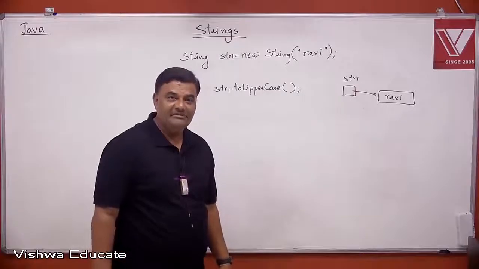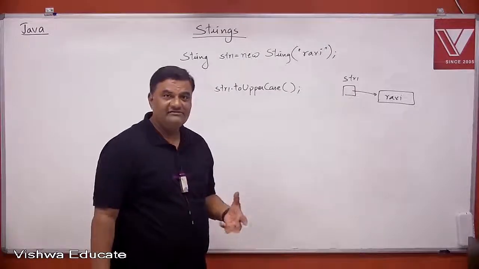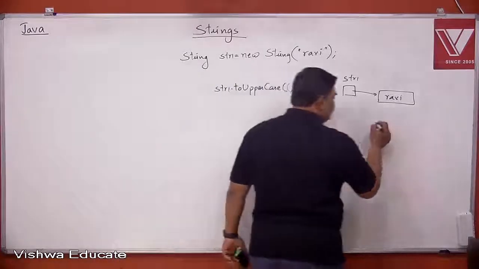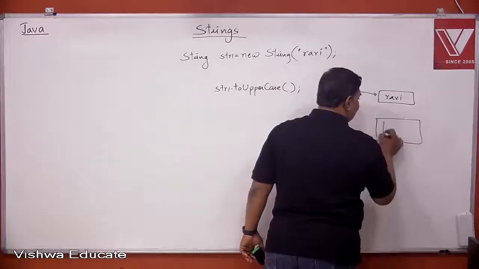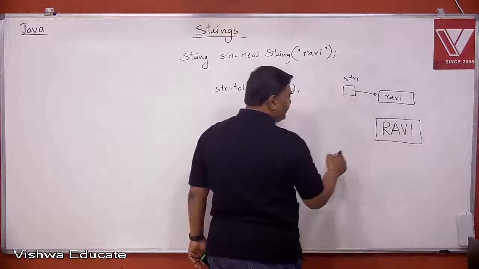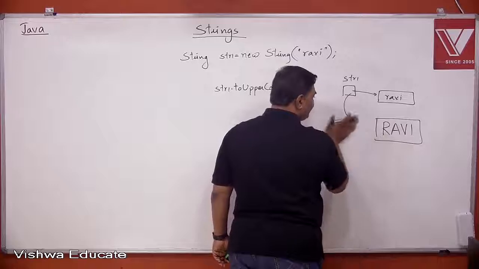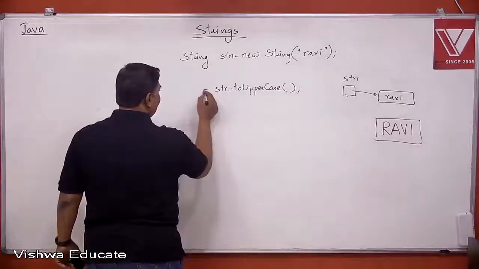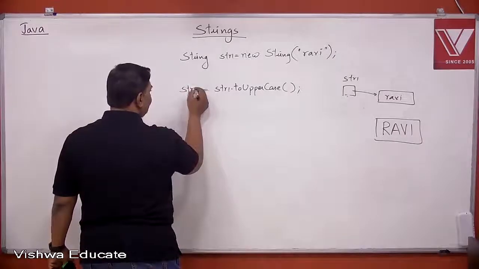There is a built-in method for that class for converting a string into uppercase. So we will get a new string, as I said, that same string will never be modified and we always get a new string. So the new string will be created. So what I want to do is I want to assign it to str1 only.